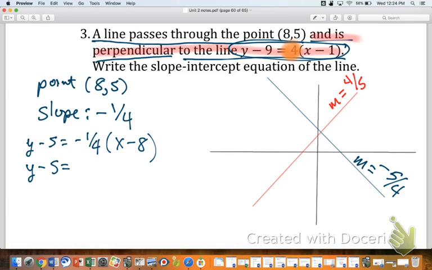So y minus 5 equals negative 1/4 x. And then what on earth is negative 1/4 times negative 8? Positive 2. It's got to be a positive, right? A negative times a negative. Essentially 8 divided by 4. So plus 2. I'd add 5 to both sides. I end up with negative 1/4 x plus 7. You got it. Okay. Hey, this time 5 plus 2 is actually 7 instead of 5.